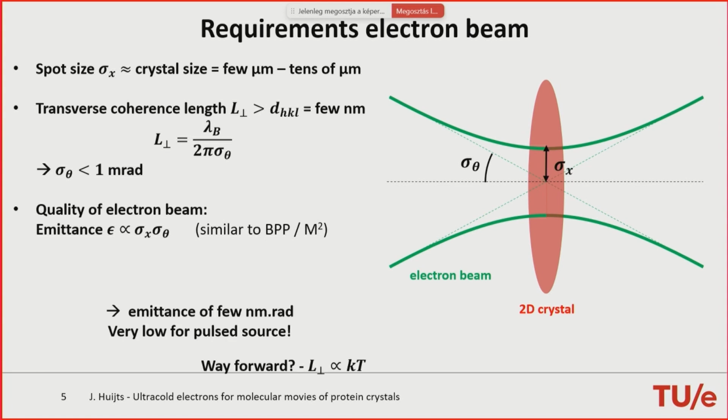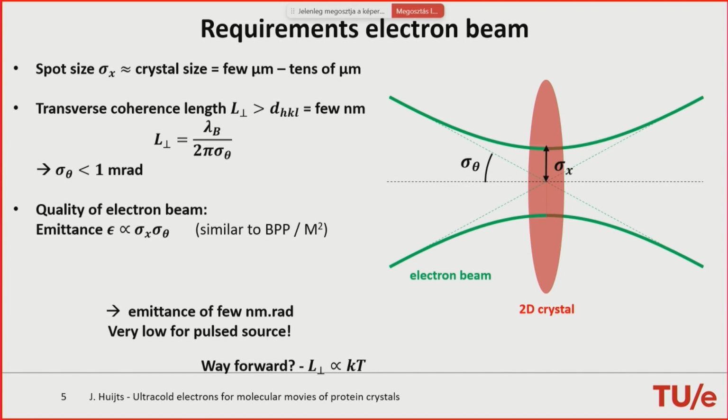And so you can calculate that in order to do a protein crystallography experiment with an electron pulse, you need an emittance of only a few nanometer rad. And while this is easily achievable in a TEM, in which there's on average one electron at a time inside the microscope, if you want to do this with pulses of many electrons in a single bunch, it's extremely difficult to get there.